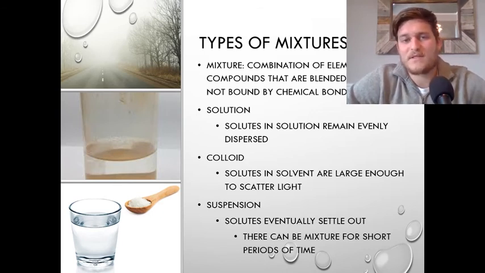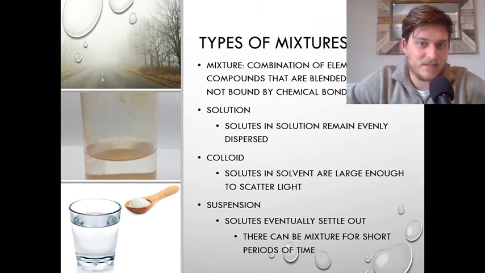You're going to see no scattering of light in a solution, so basically a colorless liquid, while in colloids and suspensions the particles are so big within the solvent that they're going to scatter light a little bit.